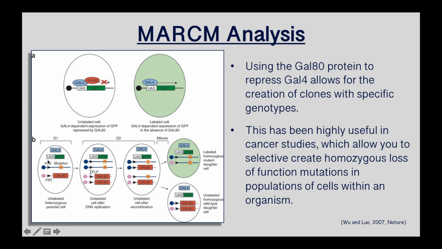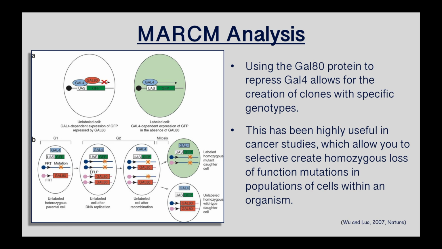Now you're expressing a GAL4 in that cell, and then an upstream activating sequence followed by some marker. In this case, that marker is GFP. GFP will allow you to visually identify which cells carry or harbor that mutation. Because GAL80 is being expressed within this cell, the GAL4 is shut down. That is, it's not activated.